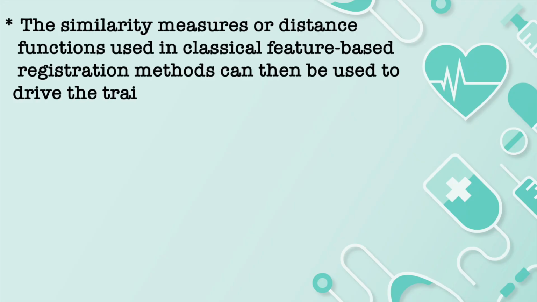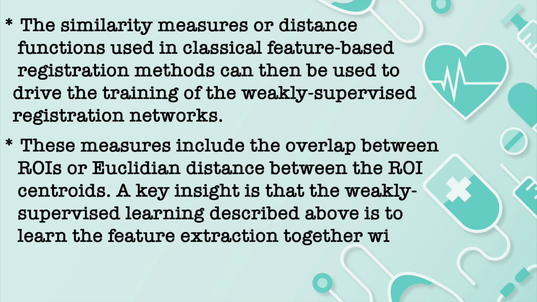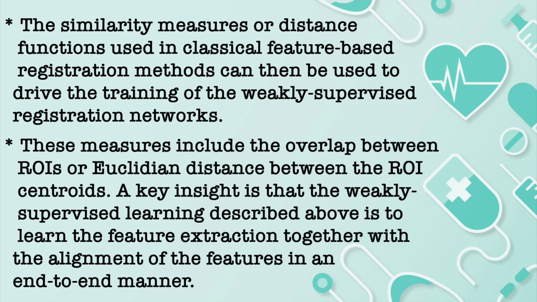The similarity measure or distance function used in classical feature based registration methods can then be used to drive the training of the weakly supervised registration network. These measures include the overlap between ROIs and the Euclidean distance between the ROI centroids. A key insight is that in the weakly supervised learning described above, the network learns the feature extraction together with the alignment of the features in an end-to-end manner.